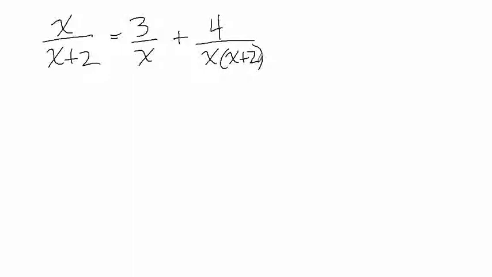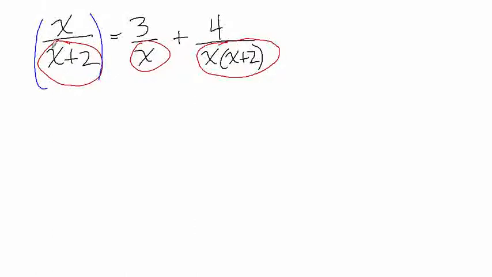Now I'll go ahead and work it out. The reason I did this was to show you that binomials can be part of a least common denominator. The denominators are x plus 2, x, and then the other one, x times x plus 2. So the least common denominator of all of those is x times x plus 2.